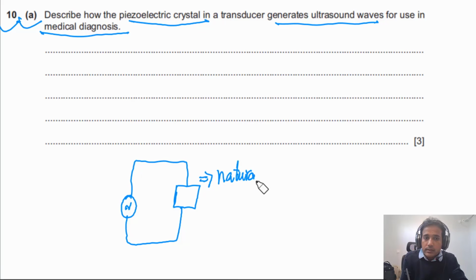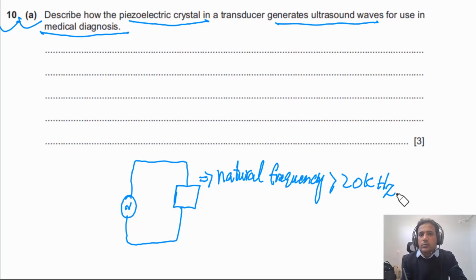The dimensions of this crystal are very important, so when we manufacture it, we need to consider its dimensions. Its natural frequency should be in the ultrasound range, meaning greater than 20 kilohertz.